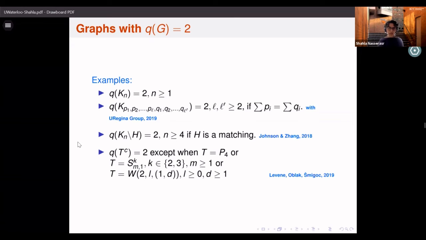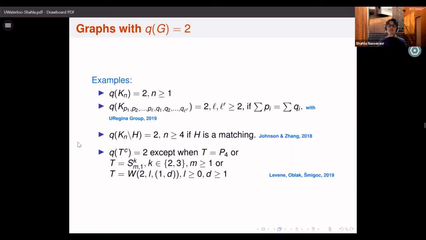Another example is complete multipartite graphs, when there are some conditions on the sizes of the parts. The condition is that we can split the sizes so that the sum of the sizes of some of them is equal to the sum of the sizes of the remaining parts. Using previous results that I haven't talked about yet, we can show that Q of this graph is 2 as well.